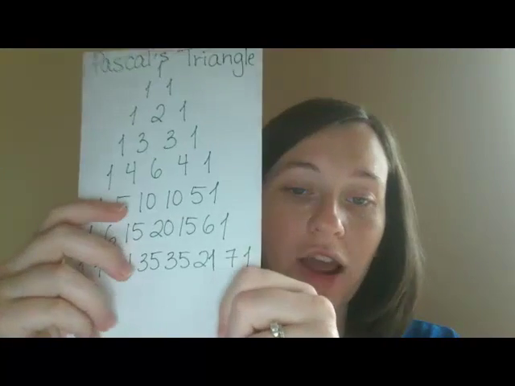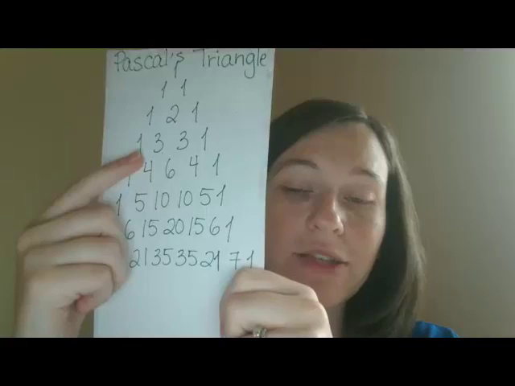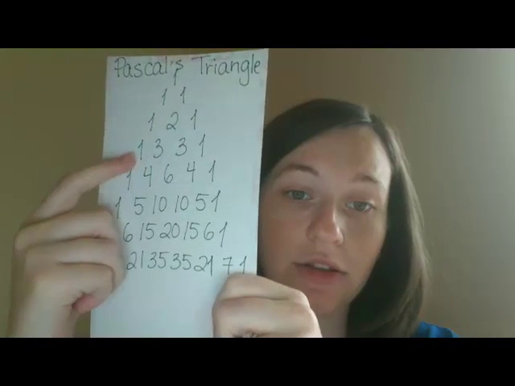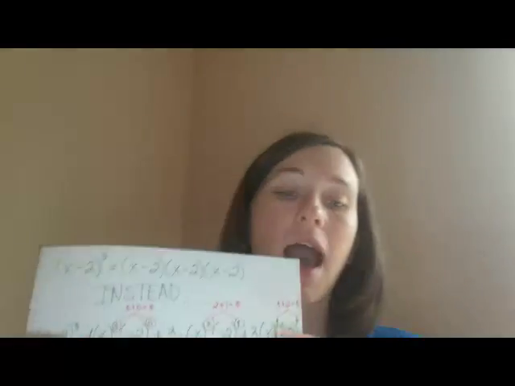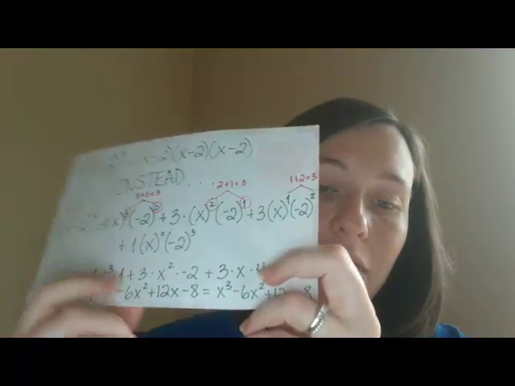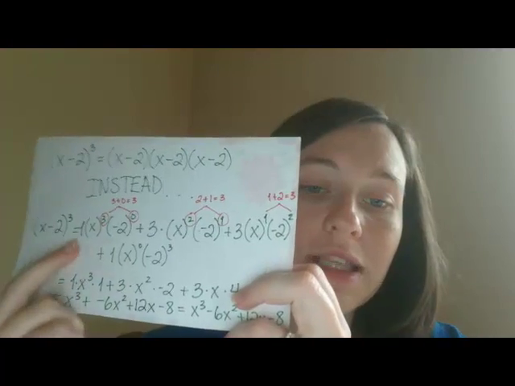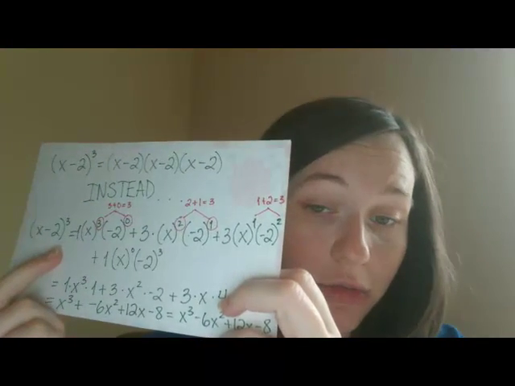Notice that we pick them out from our triangle, the first row where we see a 3. That's where our coefficients come from. And then we just have to start multiplying it out. Notice that we had x minus 2.